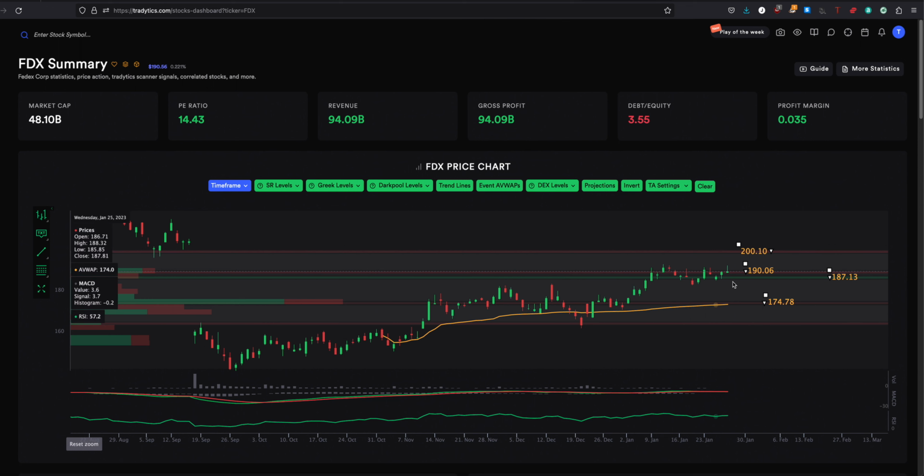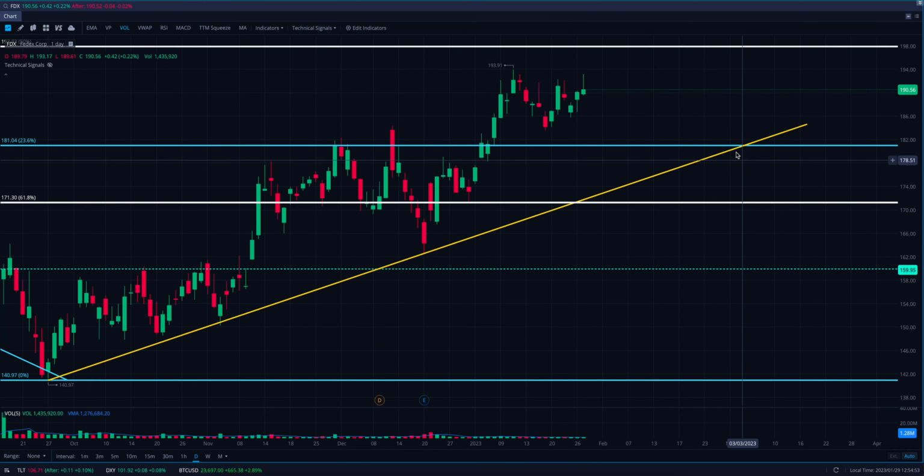You can see here that around 190, 187 are these two gammas that are pretty close together, and then besides that we have gaps above and below, and you can kind of see how the price action has sort of coiled here right around these two, the closest gammas.